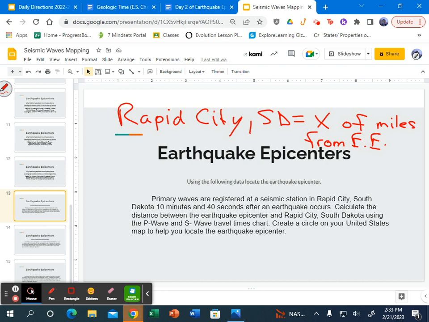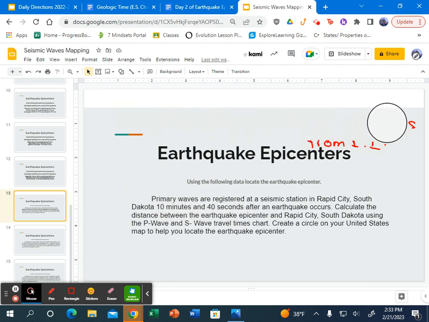So we know our starting point is Rapid City, South Dakota. But what else we know is that it took 10 minutes and 40 seconds for the earthquake's primary waves to reach Rapid City, South Dakota. So this is where we have to actually utilize the line graph to go ahead and determine those miles that are unknown at this point.